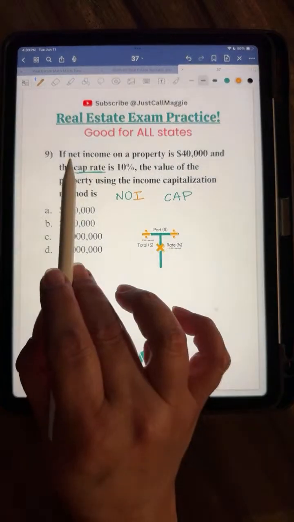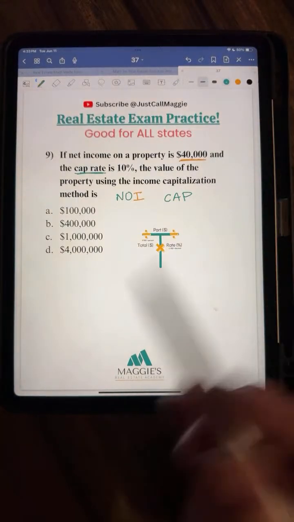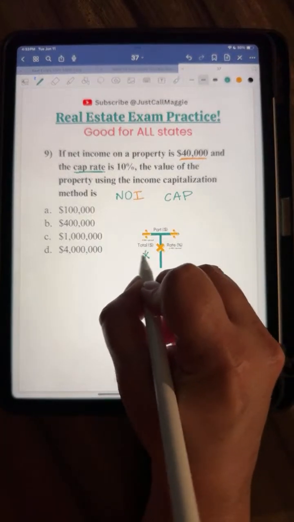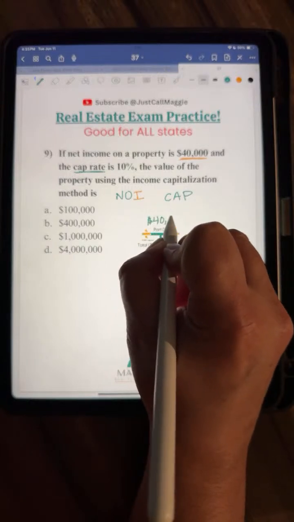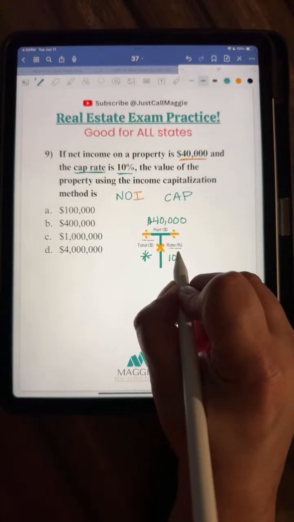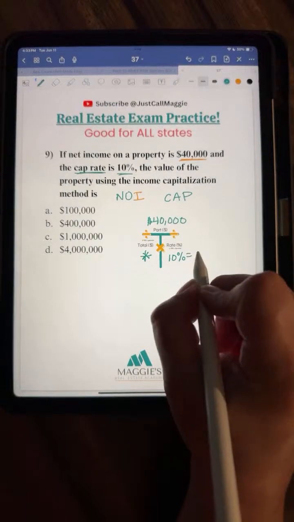So right here, they're giving us the net income on the property, which is $40,000. Okay. And they want to know the value of the property. So that's here, the total. So that 40,000 is going to go on the top. And then our cap rate of 10% goes here. Look at you guys putting your answer in the chat. I'm loving it.